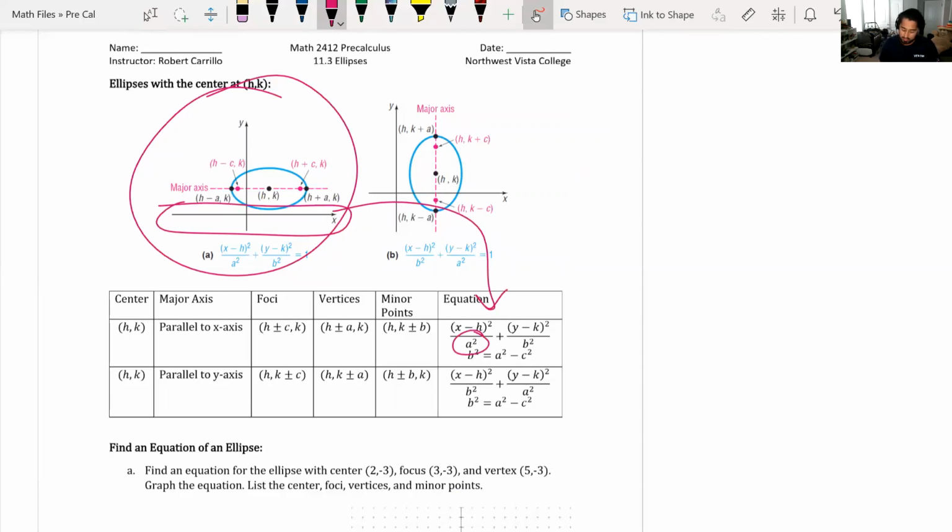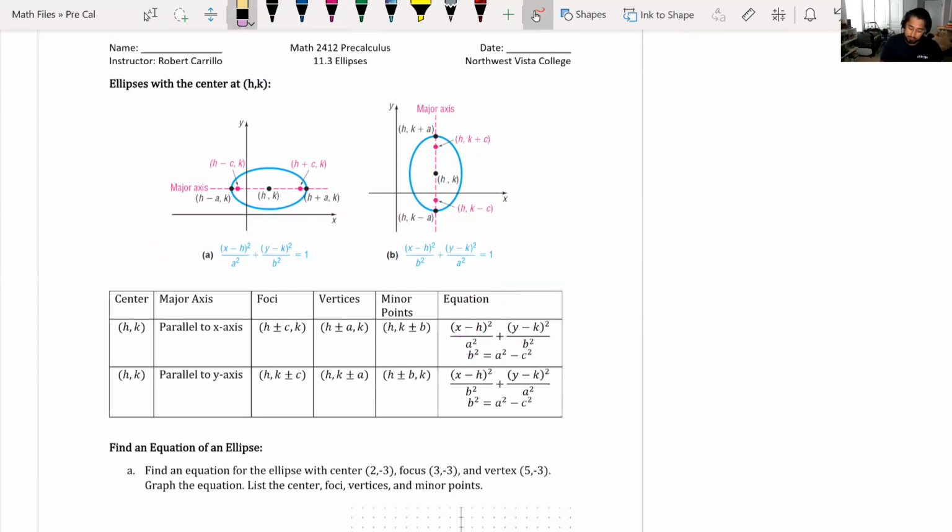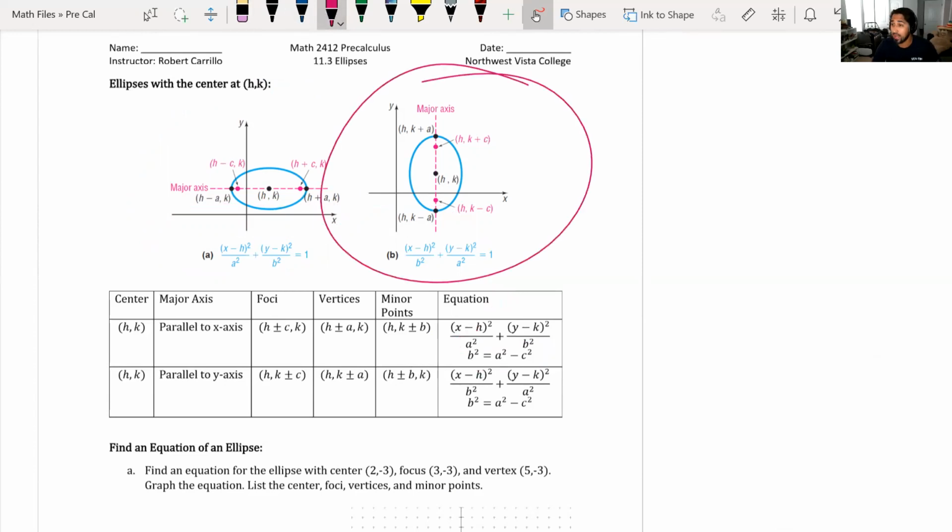Okay. And of course, that formula stays the same: b squared equals a squared minus c squared. All right. And then if your major axis is parallel to the y-axis, then you will use the second equation. And know the difference because now look, x squared has the smaller denominator, and y squared has the bigger denominator of a squared.